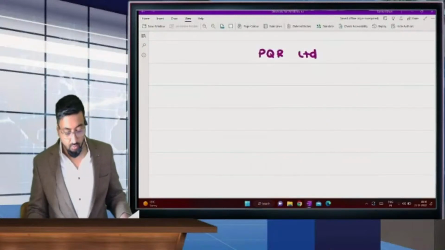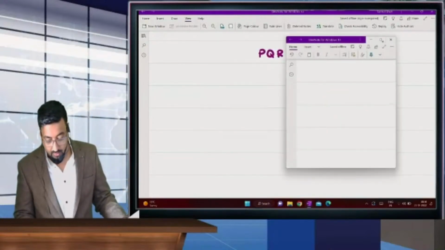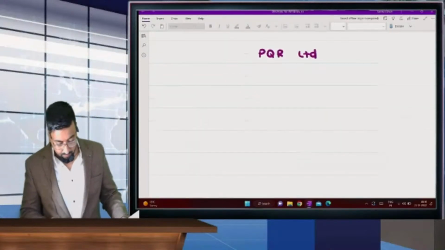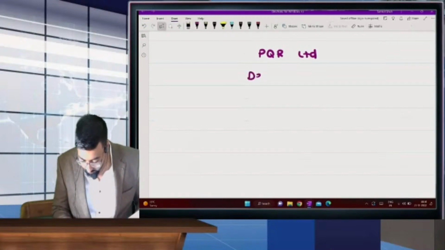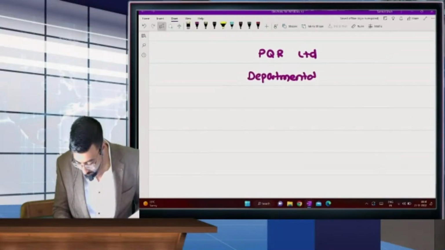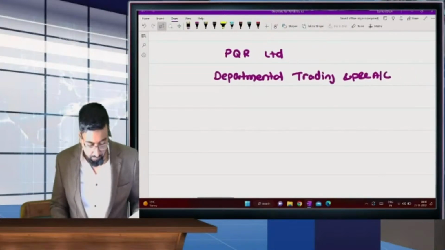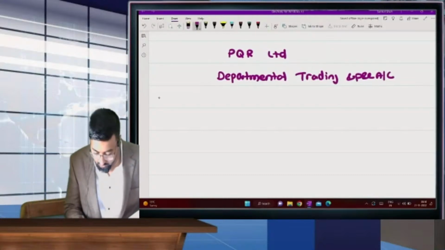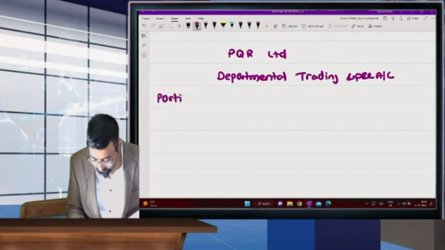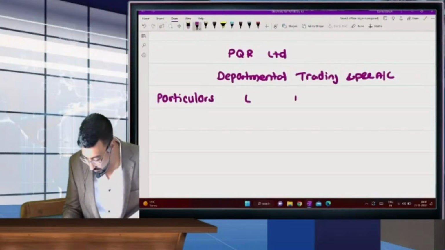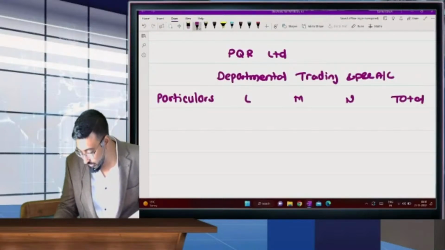Departmental trading account. Trading and P&L account. Particulars, L, M, N, total.